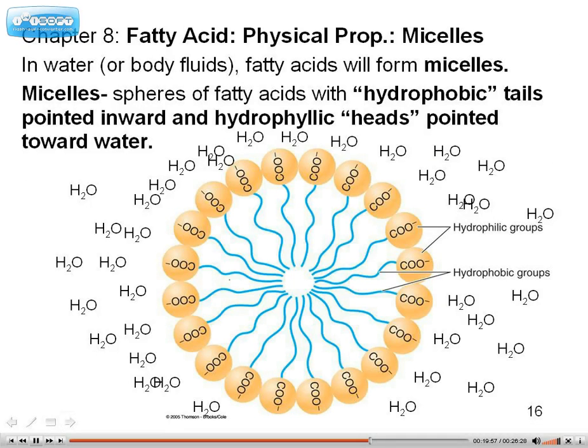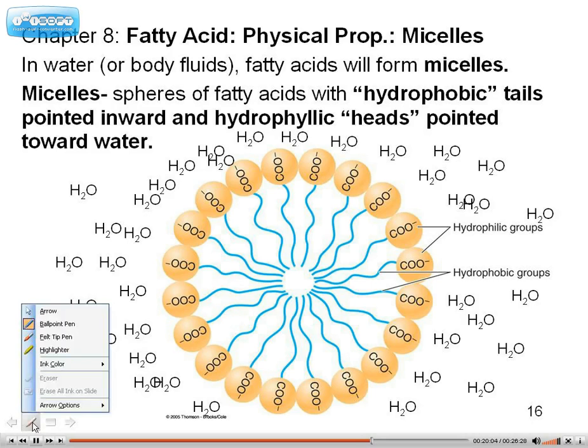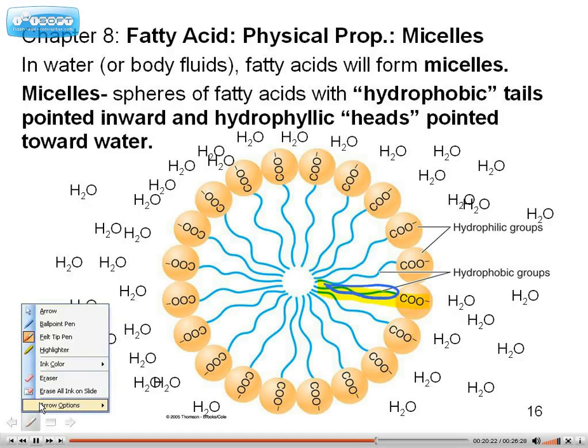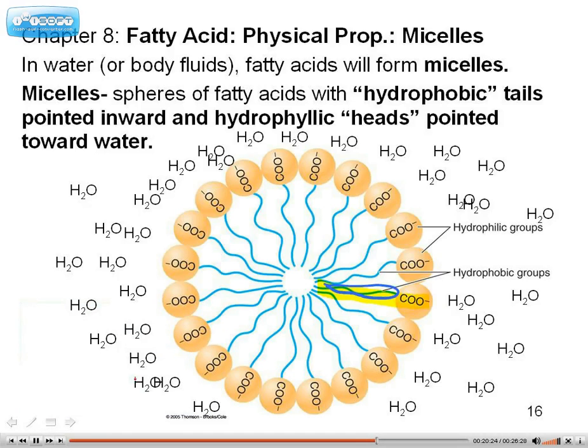Now, fatty acids have, and I'm just going to go ahead and highlight one fatty acid, and this is just a crude picture. Here is one fatty acid that I'm highlighting. So it has a polar carboxylic head, and it has a nonpolar hydrocarbon tail.